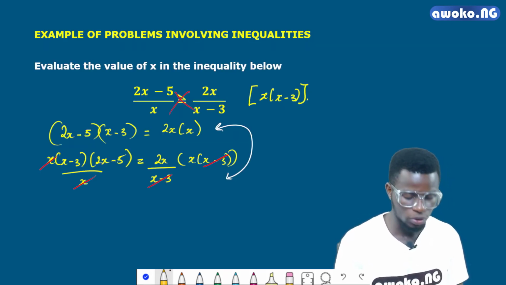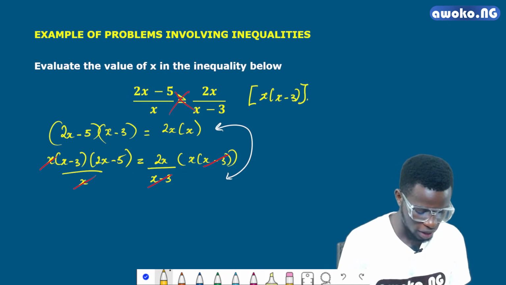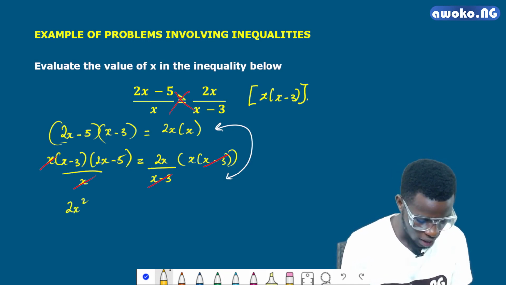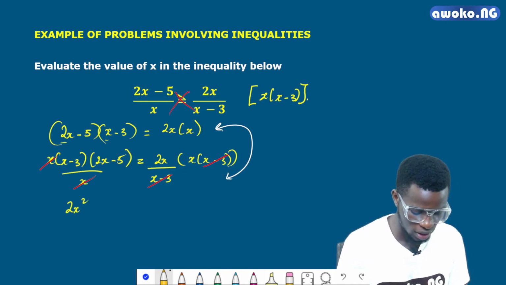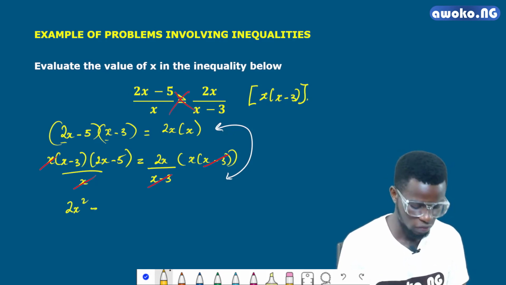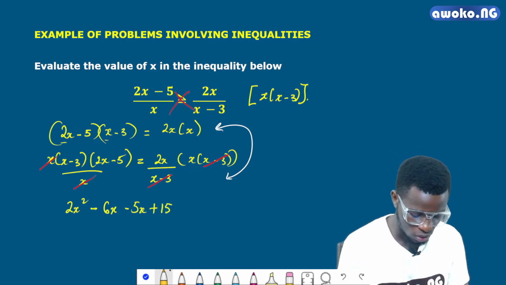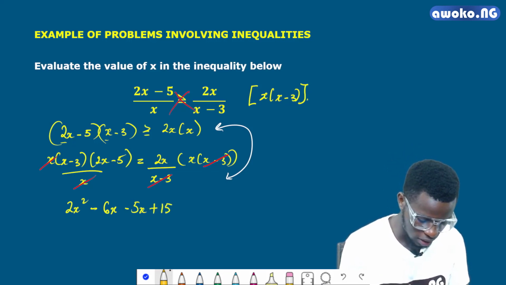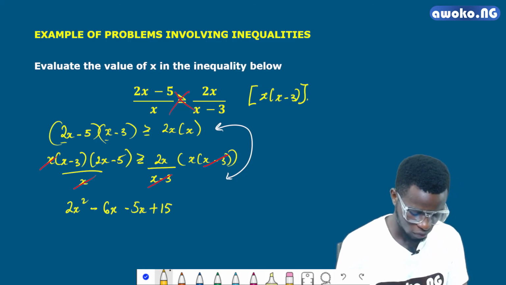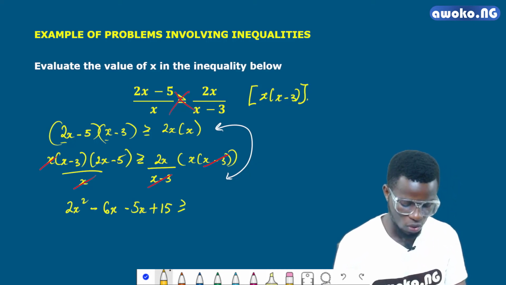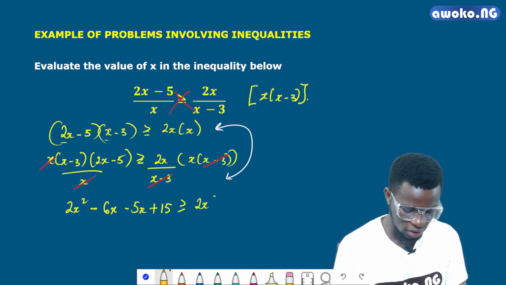Now let us open the bracket. If we open the bracket, 2x multiplied by x will give us 2x squared. Minus 2x multiplied by 3 will give us 6x. Minus 5 multiplied by x is minus 5x. Then minus 5 multiplied by minus 3 is plus 15, which is greater than or equal to 2x squared.